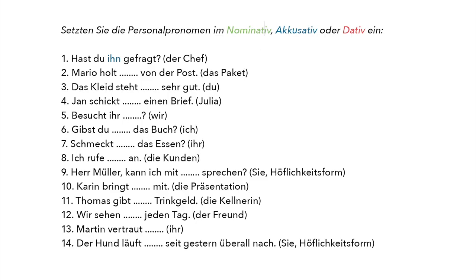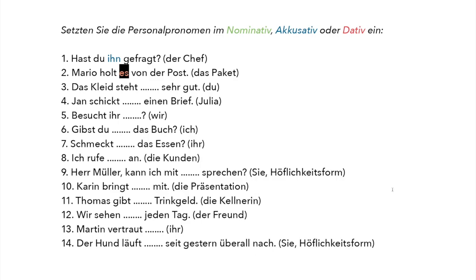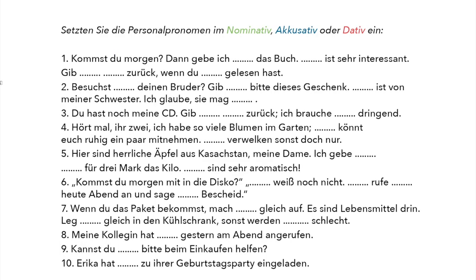Es will be im Nominativ, und im Akkusativ it will be... Yes, you are right, it will be es again, because in the accusative case only the masculine singular changes when we compare it to the nominative. In the next page it is just the same.